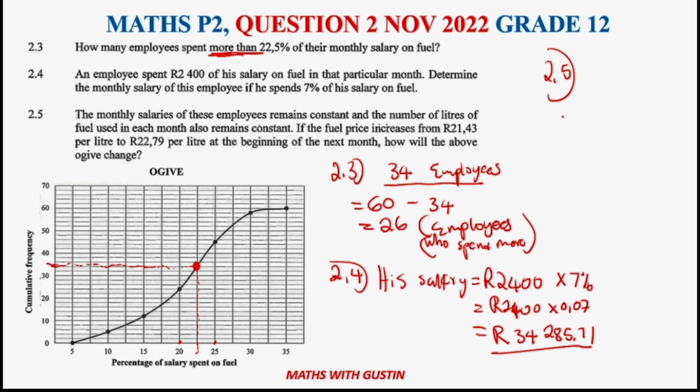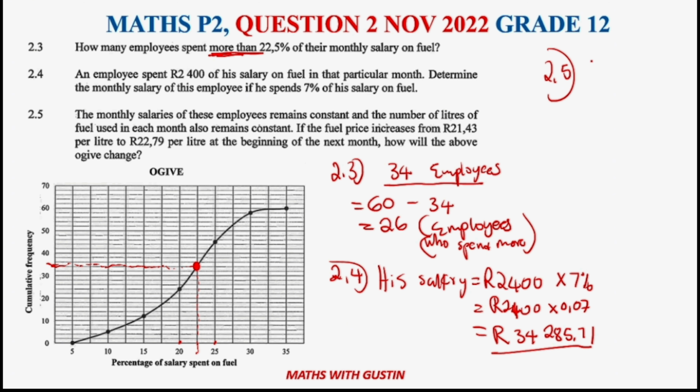Okay, so there's a change in price here, an increase in price. So how will this affect our curve? You see our curve here, it starts slowly building up. An increase in price simply means that now people will be spending more money on fuel because the price is higher.